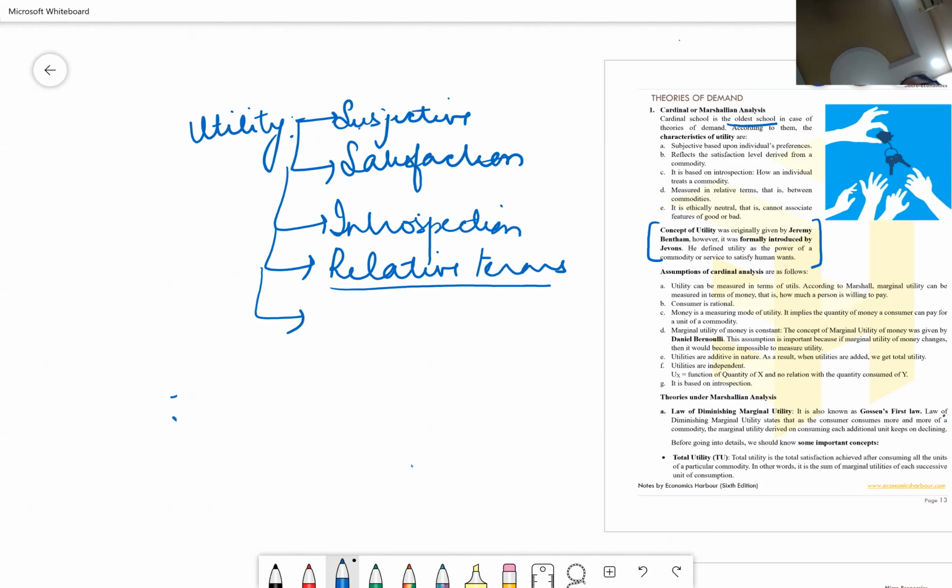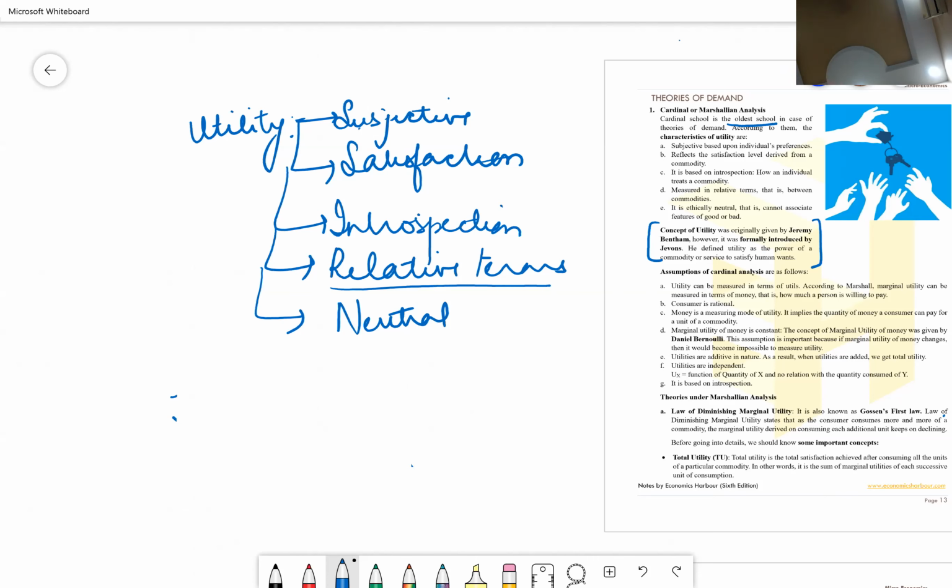And lastly, utility is neutral in nature. Neutral, you must have heard that we usually categorize commodities into good or bad. Good commodities give us utility, and the bad commodities give us disutility. What happens in case of the Marshallian analysis is that a commodity cannot be categorized into two parts.